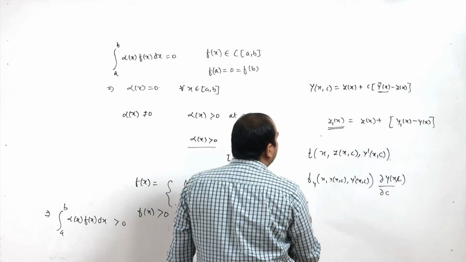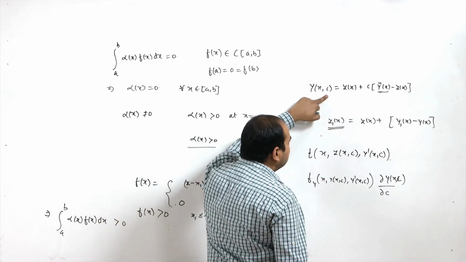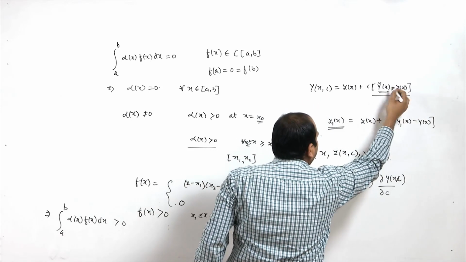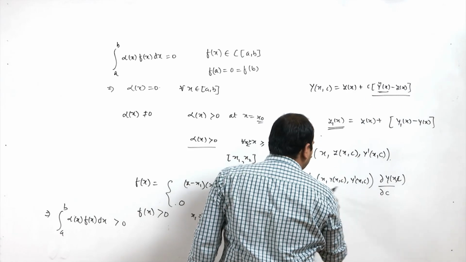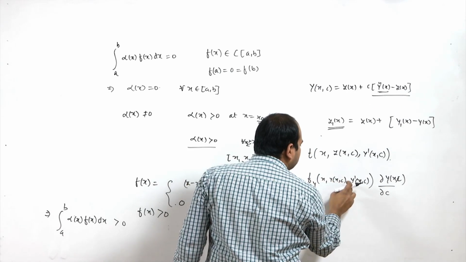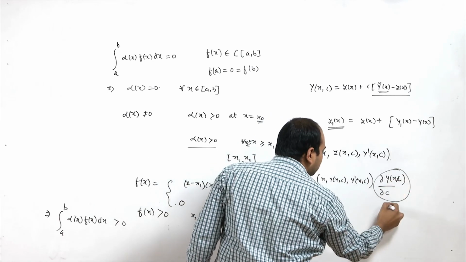Now what is that? If you find the derivative of y of x comma c with respect to c, you will get only delta y. So this we have represented as delta y. So here the first term is written as f y of x comma y of x comma c comma y dash of x comma c into, this is nothing but your delta y.